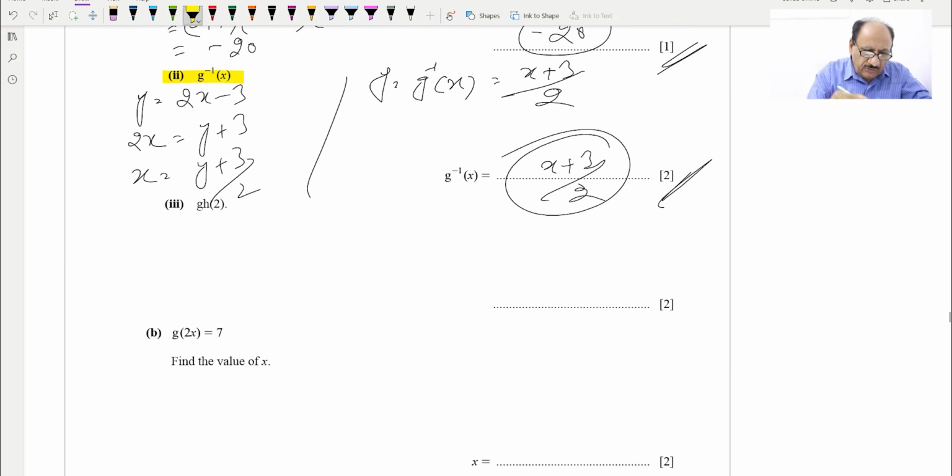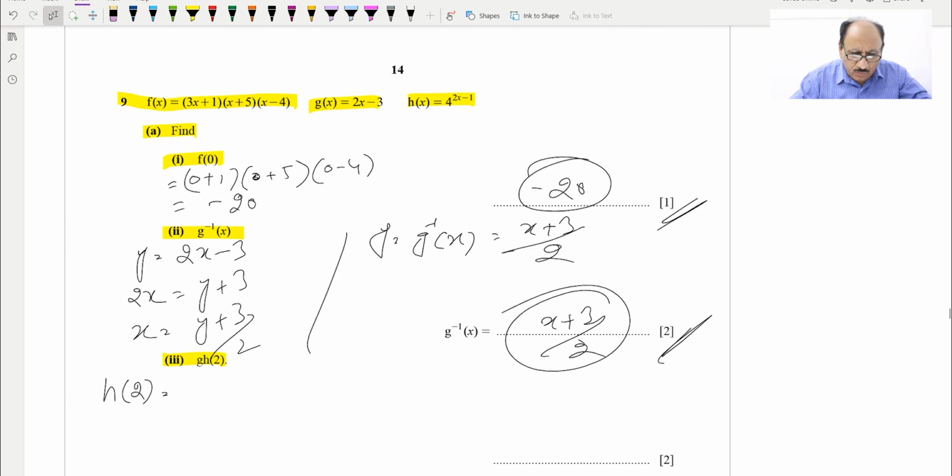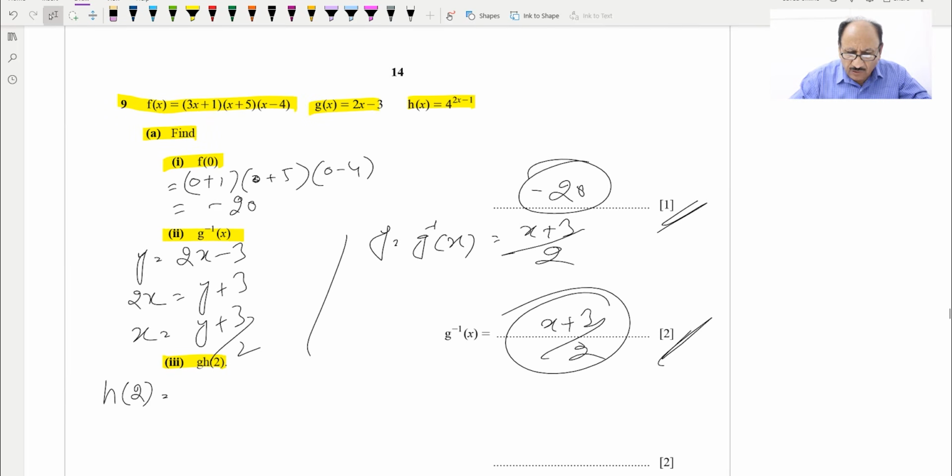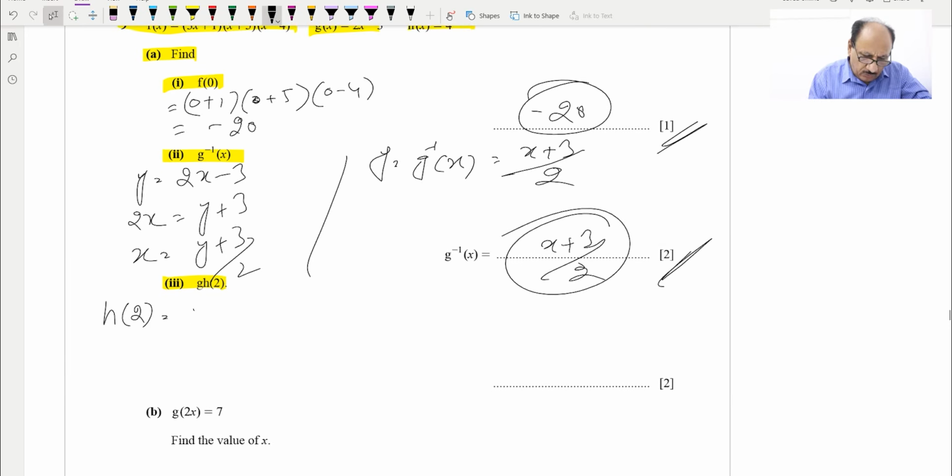Next they are saying find g h of 2. So g h of 2 is required. We know first we have to calculate h of 2. So in h of x we will be replacing x with 2. So h of x is 4 raised to 2x minus 1. So 4 raised to, x is 2, 2 minus 1. So this will be 4 minus 1 will be 3. So 4 raised to 3 is equal to 64.